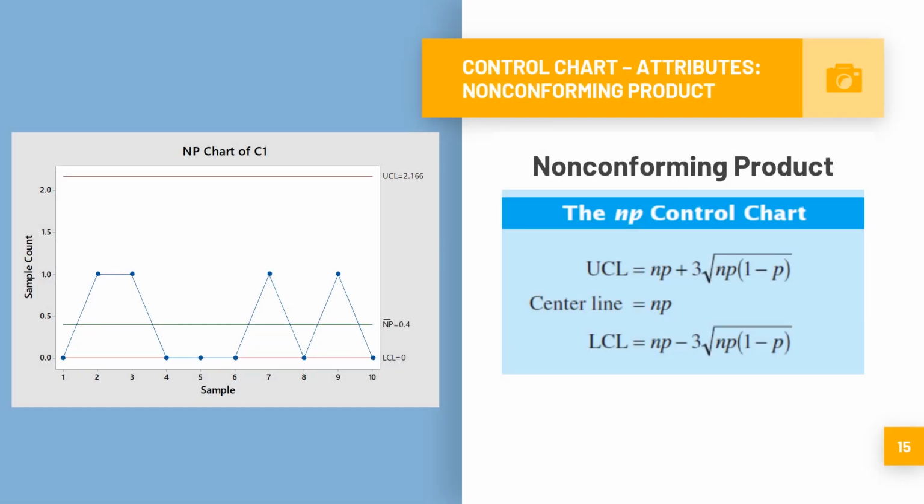And in the non-conforming chart, we found that the accumulation on one trial of picking 3 products only results in a maximum of 1 defect. In this case, the process is set as in control because there is no point outside the upper control limit.